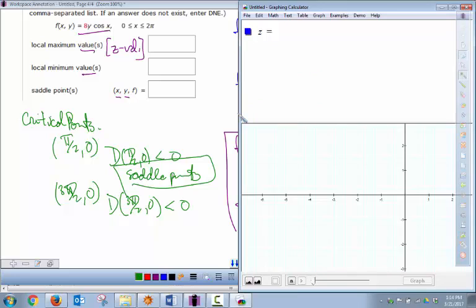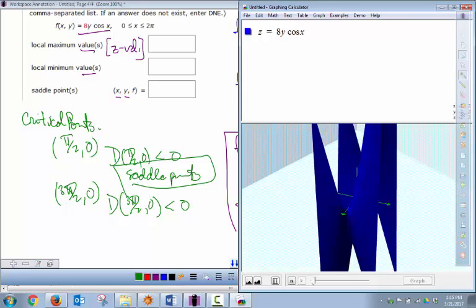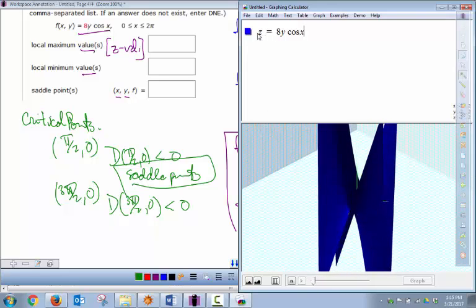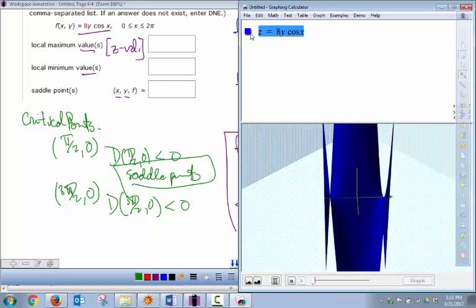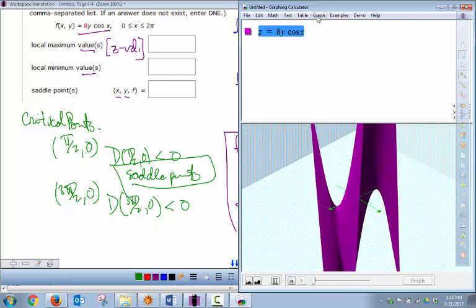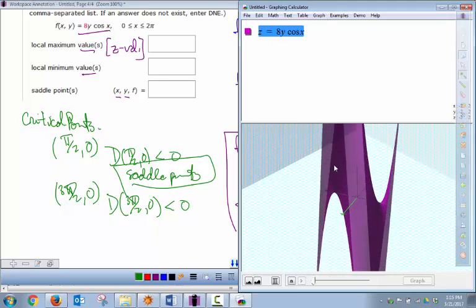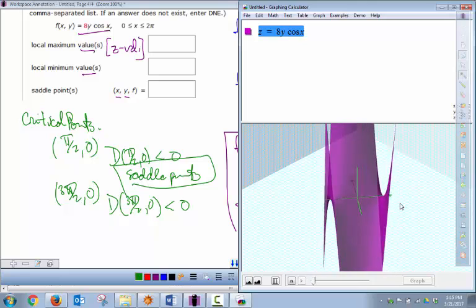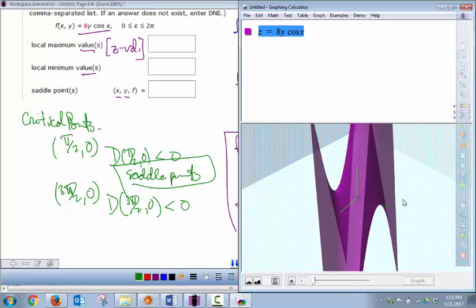So z is equal to 8y times cosine x. So there's no local max or mins.